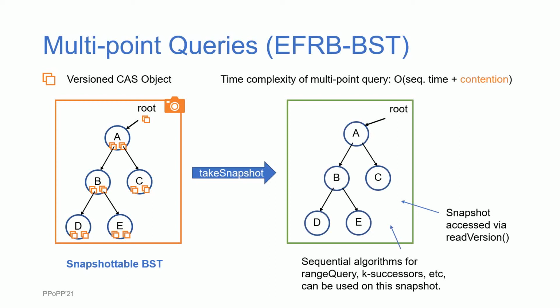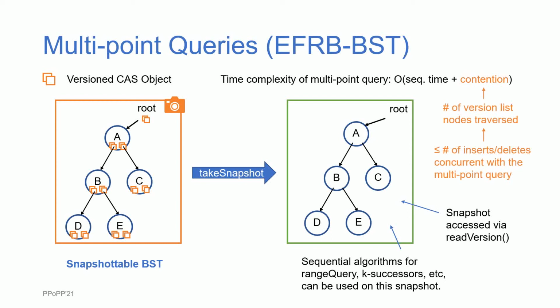Recall that snapshots are accessed using read version, which possibly involves traversing version lists. The contention term measures the number of version list nodes traversed during the calls to read version. This number is upper bounded by the number of inserts and deletes that are concurrent with the query.